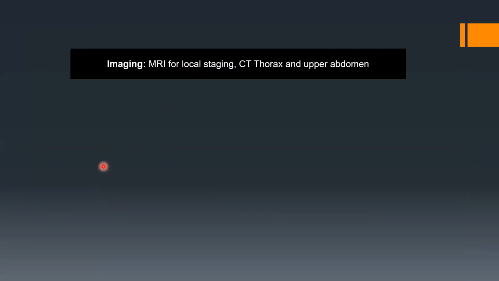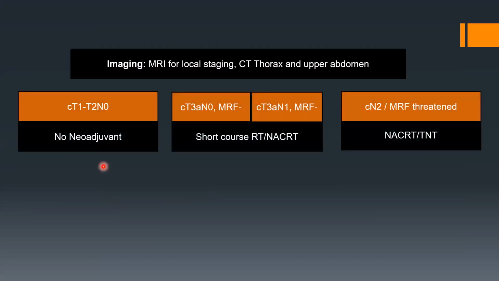So if I have to summarize, for rectal cancer, you do MRI for local staging, CT thorax and upper abdomen. If it's a cT1, T2, N0 cancer, then we do not offer neoadjuvant chemotherapy.